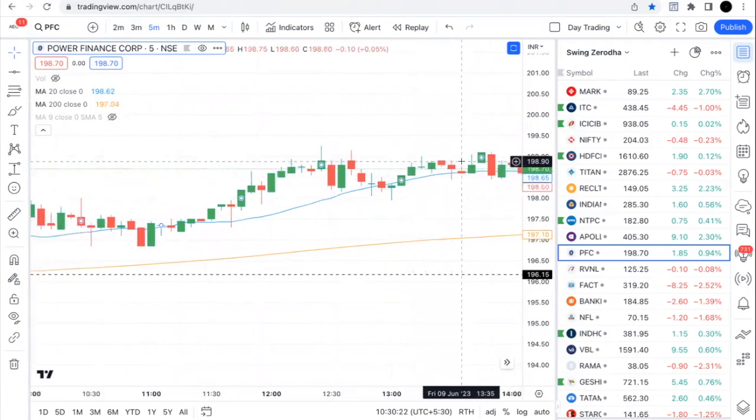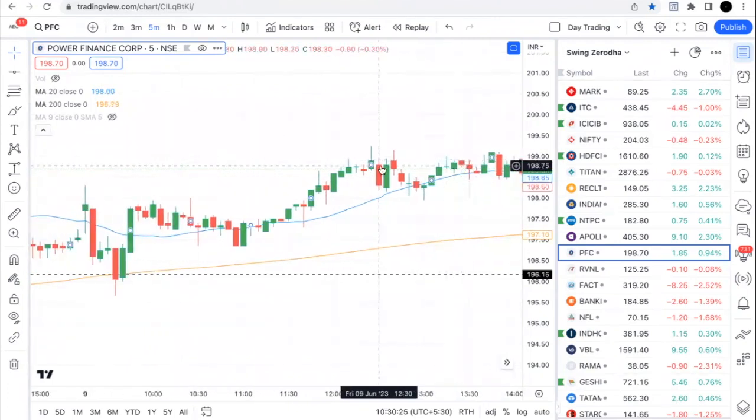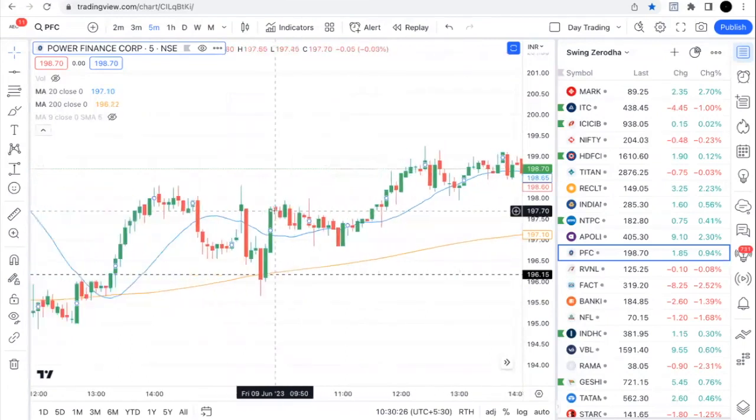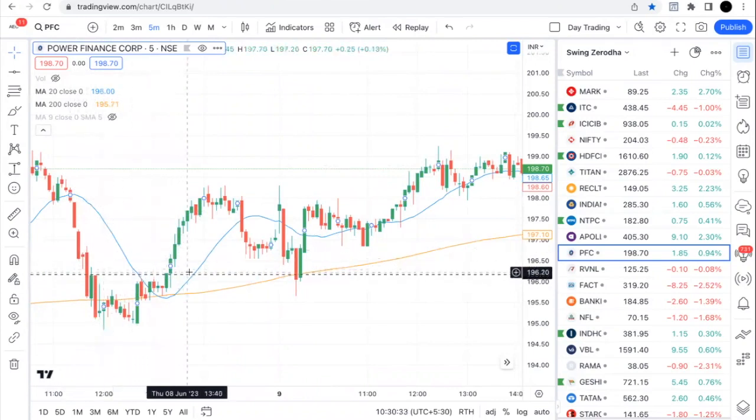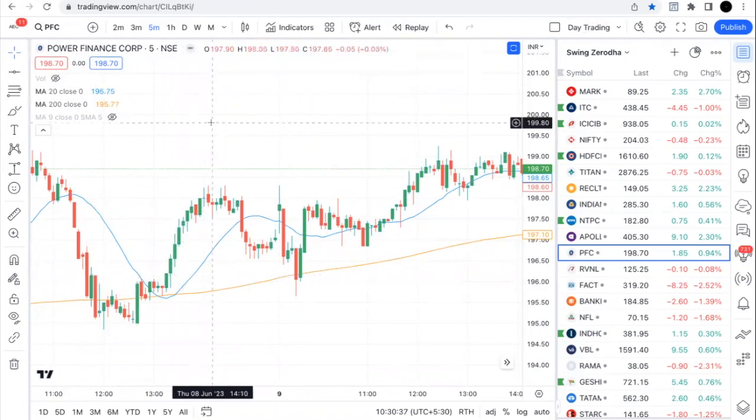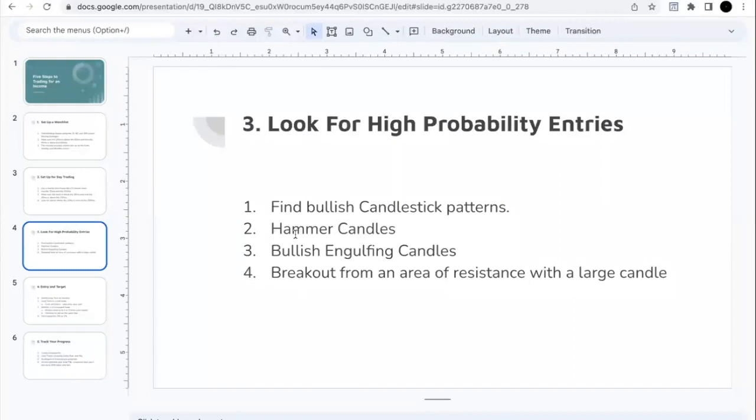You have a few candles that continue to go up after that. And then as I showed earlier, like this one, there's a previous area of resistance that's being broken out. So a breakout from a resistance is often a good sign as well. So there are three things I'm looking for right there. There are many more, but these are the three that I am looking for for high probability entries.